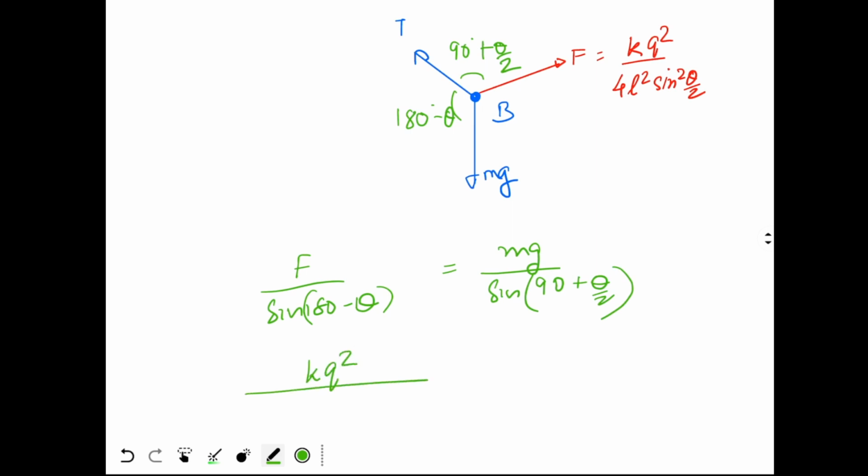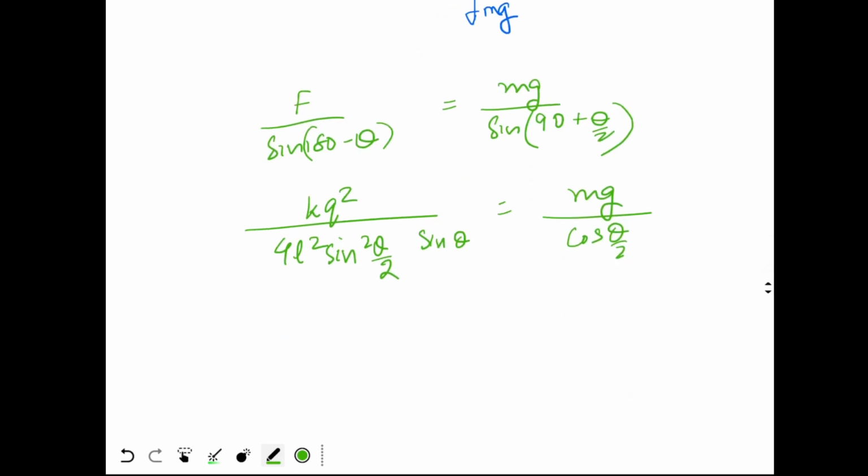So F will be kq square by 4L square sine square theta by 2, divided by sine theta, is equal to mg by sine 90 plus theta by 2, which will be cos theta by 2.